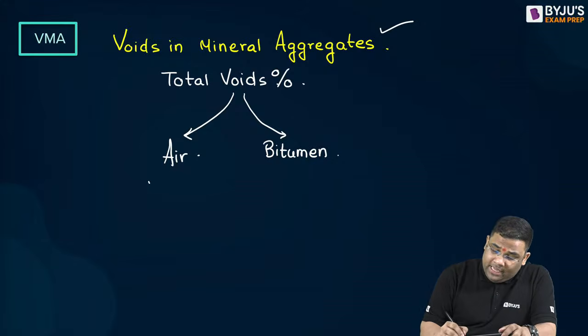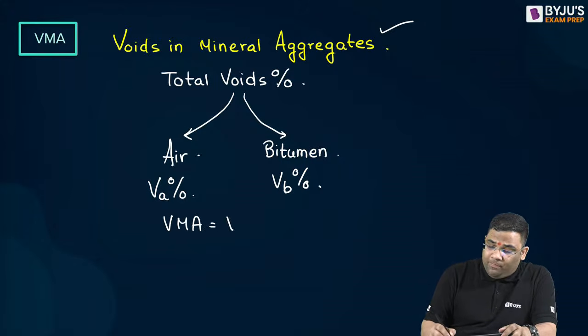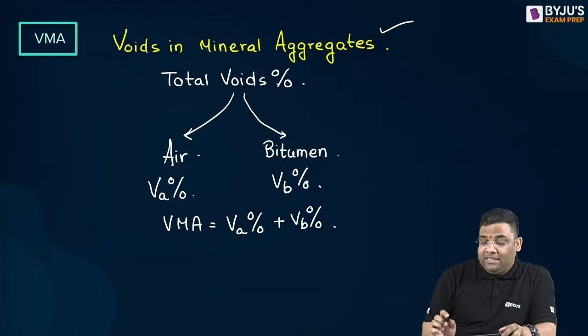So air percentage is VA percentage, bitumen percentage is VB percentage. The total will be equal to the air percentage plus the bitumen percentage.